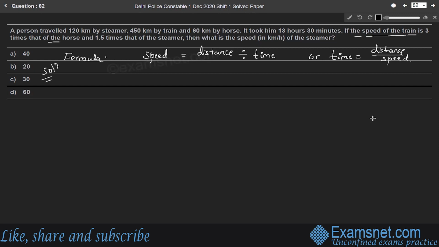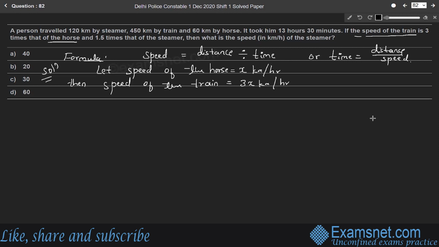Let the speed of the horse be x kilometer per hour. Then the speed of the train becomes 3 times that of the horse, which is 3x kilometer per hour.